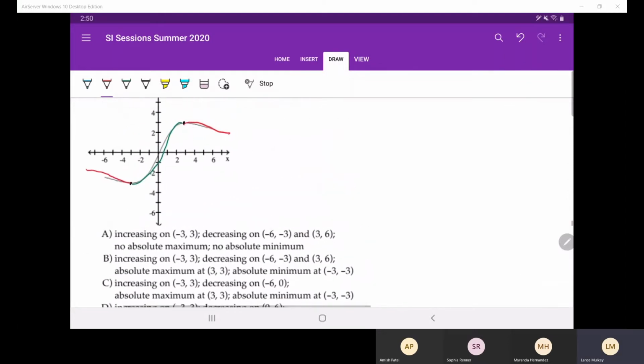At -3, the absolute minimum would be, well, since this is an open interval, the outside points are not included. So you have -6, -2, you have -3, -3, you have 3, 3, and you have 6, 2. That's wrong. Those are all your critical points in the exact locations.